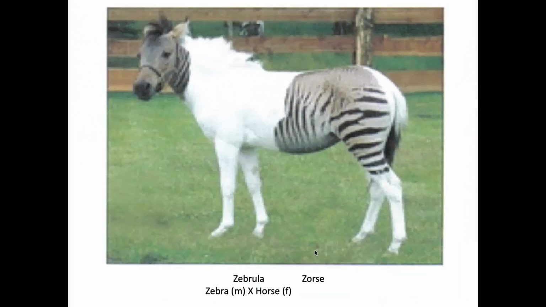The animal depicted in this picture, we would call a zebrula, because the cross involved a male zebra and a female horse. You can actually do the reciprocal cross as well, so you get subtle distinctions, just like I described for the hinny and the mule. And so the reciprocal cross, the outcome would be described as a zorse.